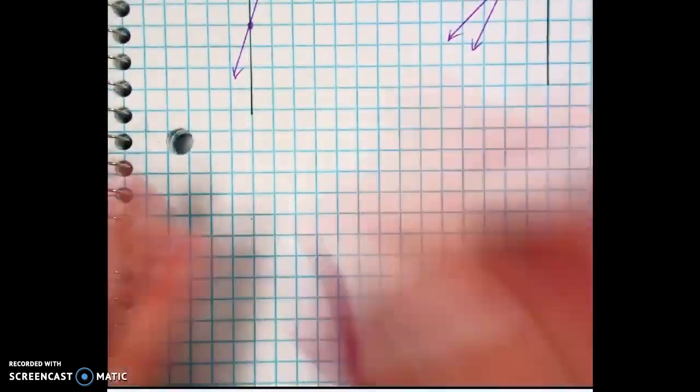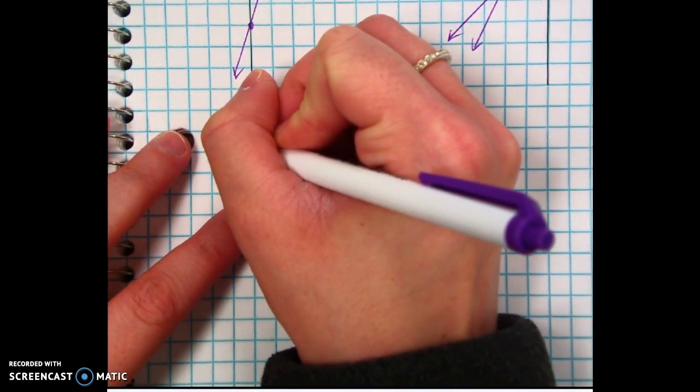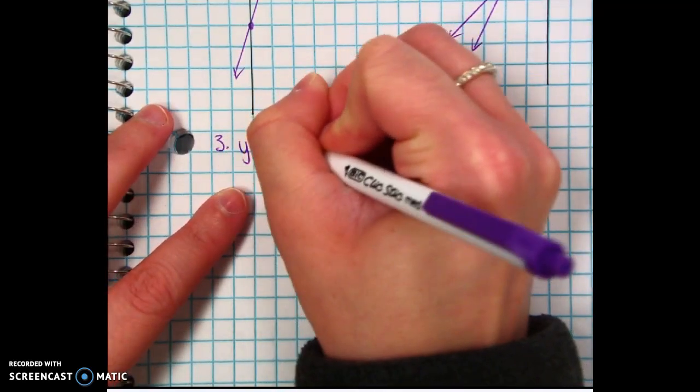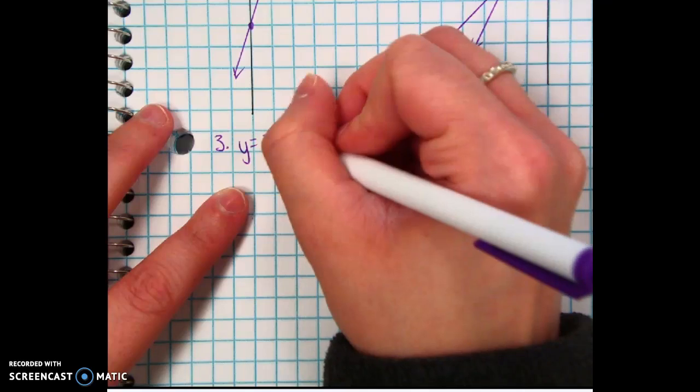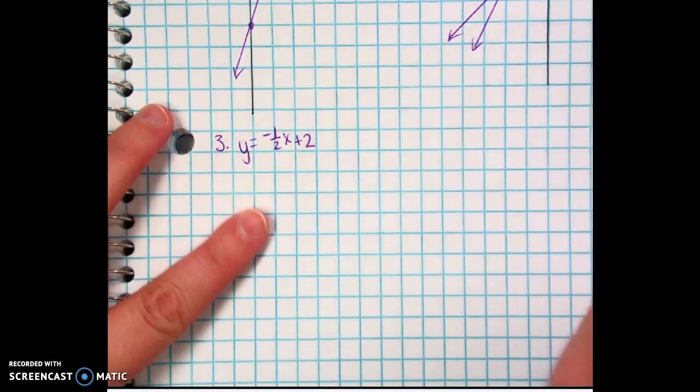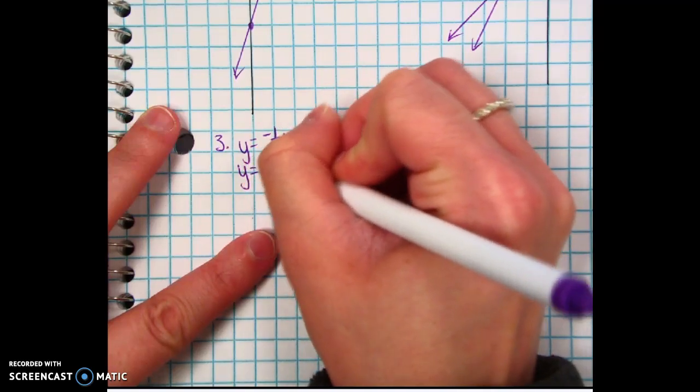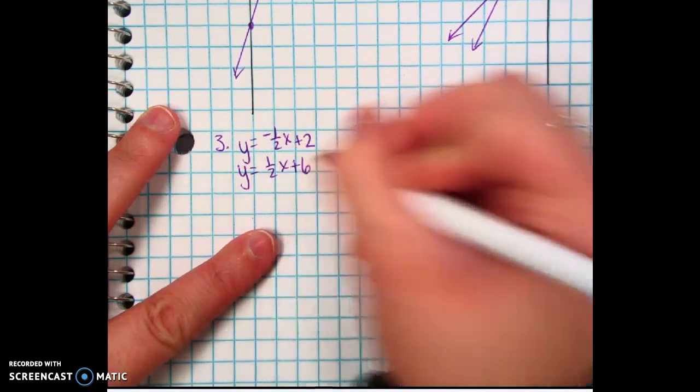I'm going to scoot this down here. And number 3. y equals -1/2 x plus 2, and y equals 1/2 x plus 6.